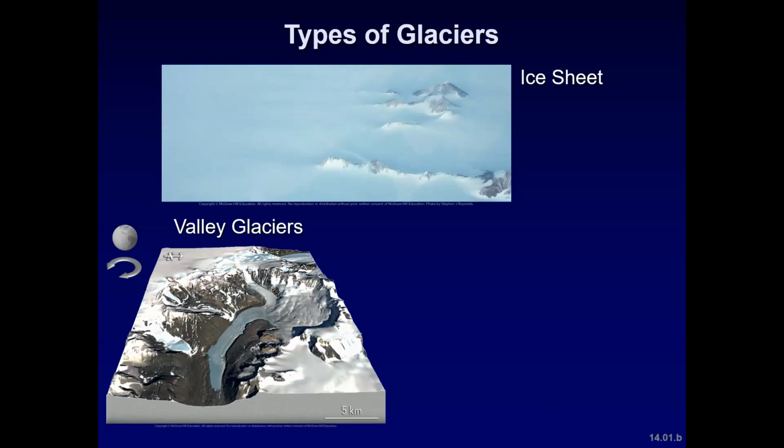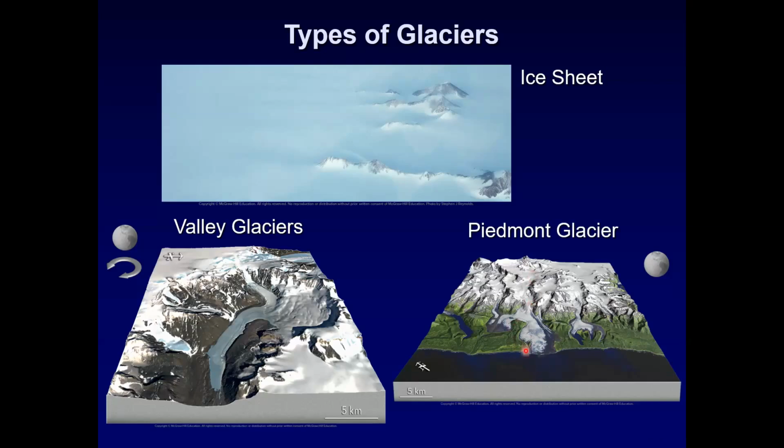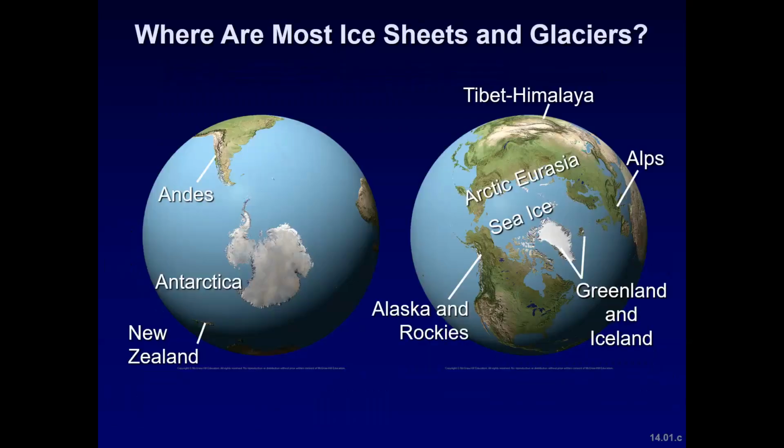They flow down valleys, right? And they tend to be very narrow. But then as valley glaciers flow out of a mountain into broader topography, they could form what's called a Piedmont glacier. And that's a delta-shaped glacier as they leave the mountain range to an area of lower elevation.